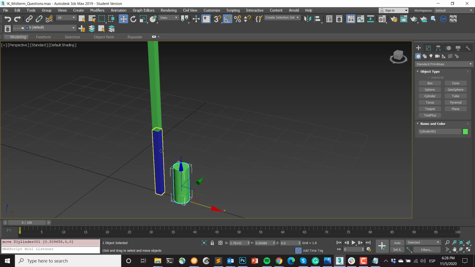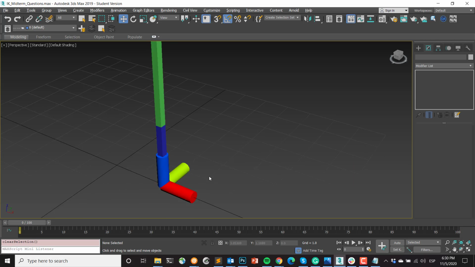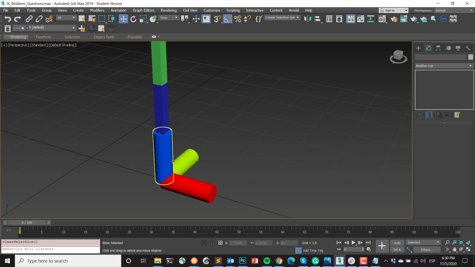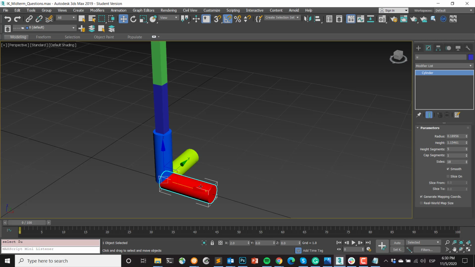These cylinders will represent U, V, and W from our rotation transformation matrix that is computed in the function lookat transformation. So again, I've created these cylinders right here. Red, green, and blue represent the X, Y, Z axes, or in this case, U, V, and W. I've changed the names.